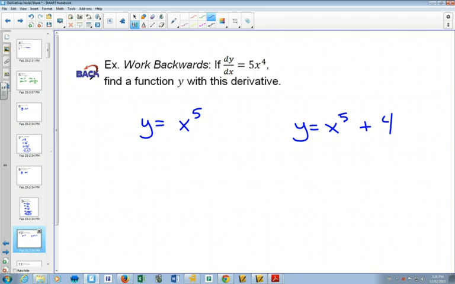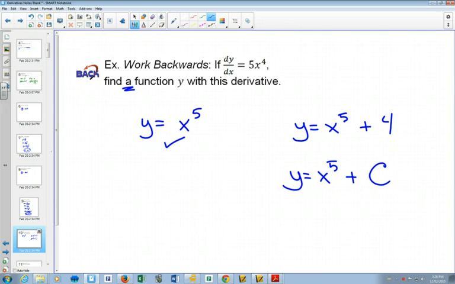So one of the things that we'll write eventually for this one, if we wanted to say all of the possible answers, we'll say x to the 5 plus, and we'll use c for any constant number. Any number is possible at the end. But this question just asked for a function, so this answer right here would be totally correct.